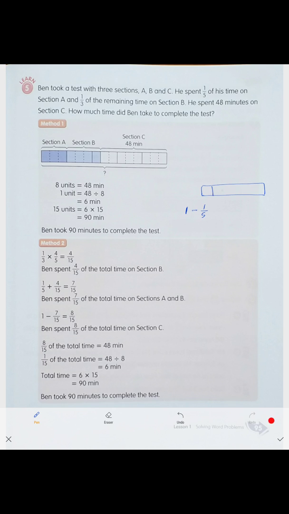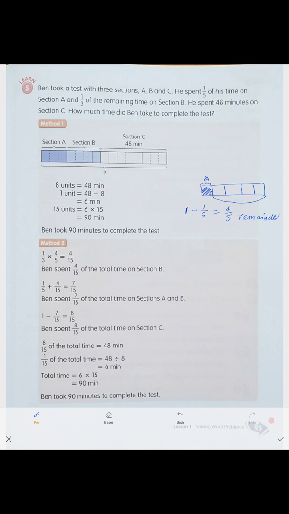This is what he spent on section A. So he got 4/5 of the remainder. This is the remainder.